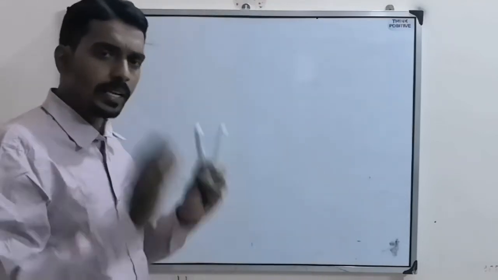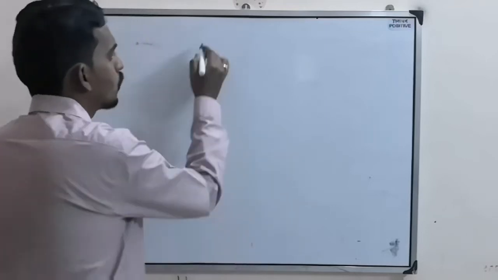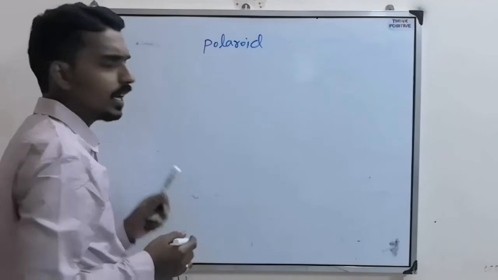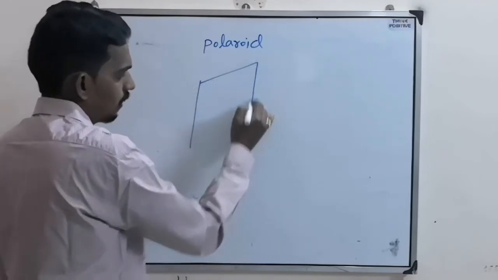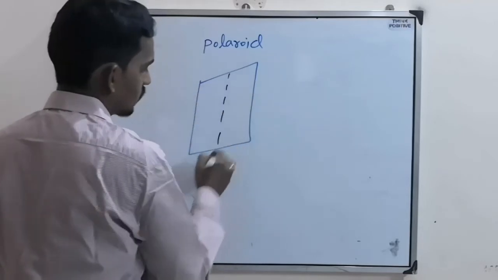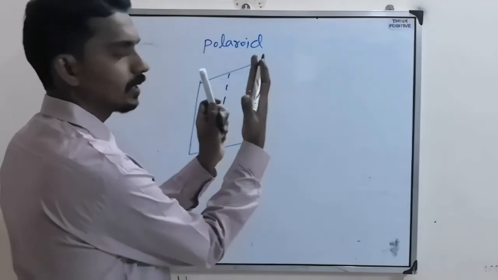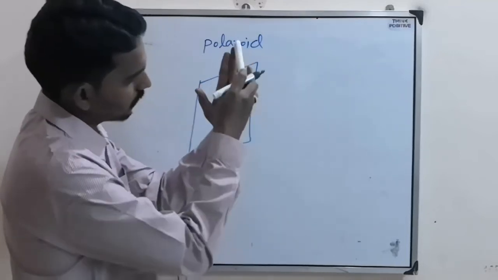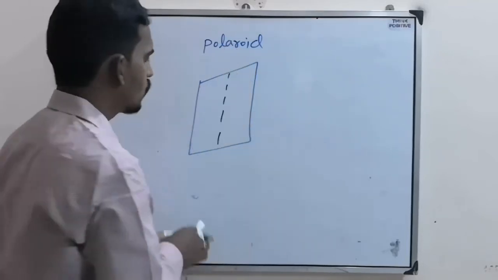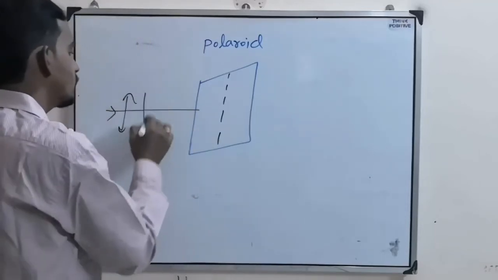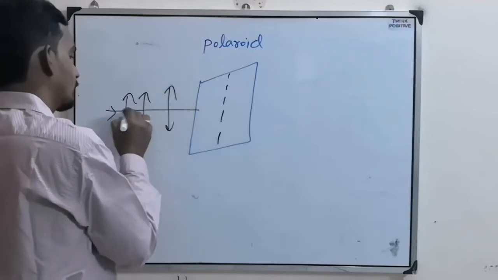Now here one device will be there, that is called a Polaroid. What is this Polaroid? A Polaroid is nothing but a crystal, like a sheet, which has one axis like this. When light passes through this, what kind of light is this? Unpolarized light.